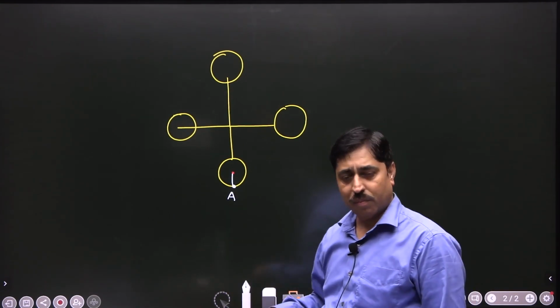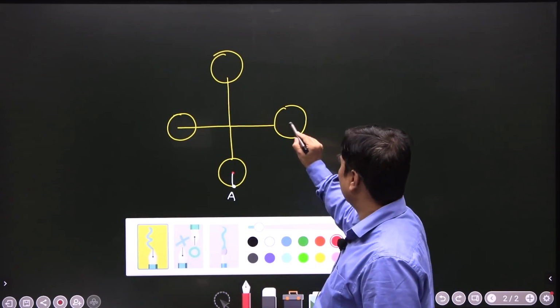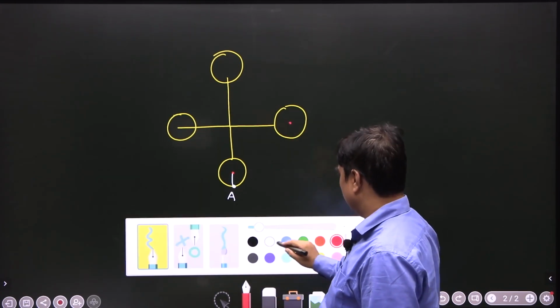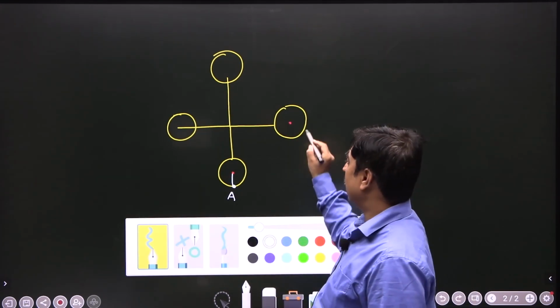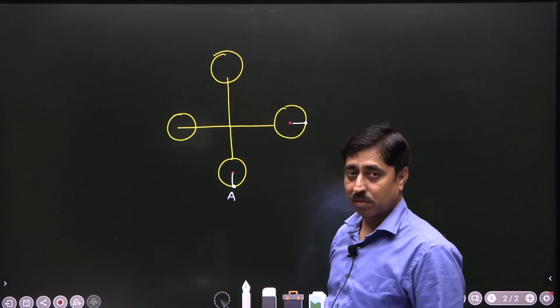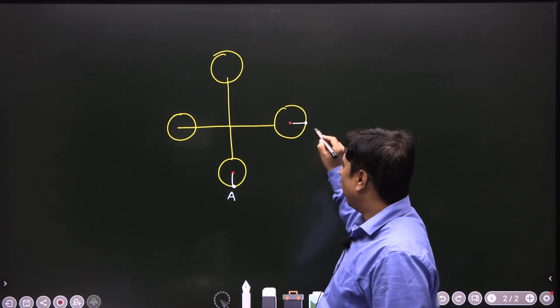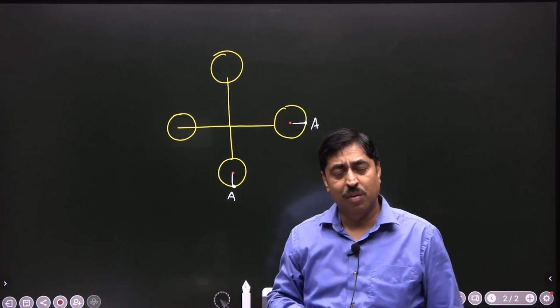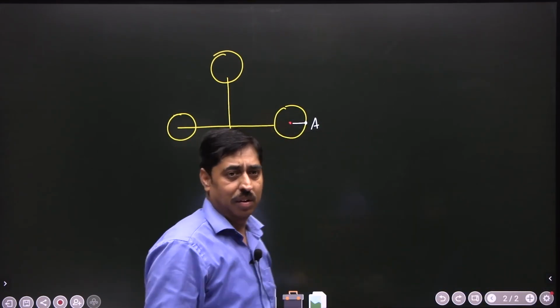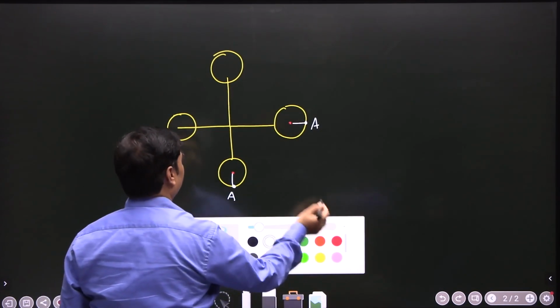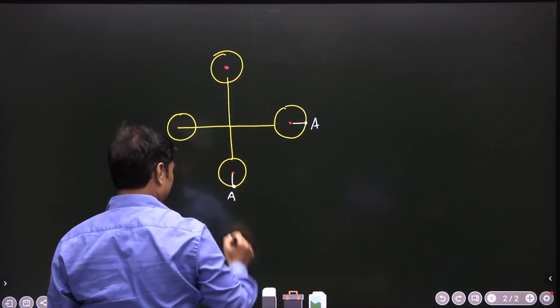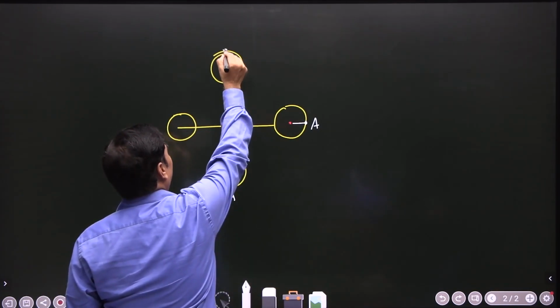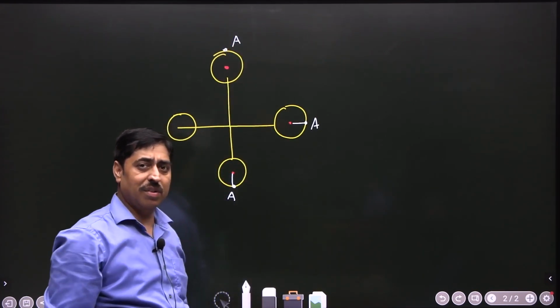But after some time, this observer sitting over here, if you ask him, where is point A? He will say point A is to the right of me. Earlier he was saying that point A is somewhat below me. Now he is saying that point A is to the right of me. After some time, if you ask this observer, where is point A? He will say point A is above me. So what does he see?